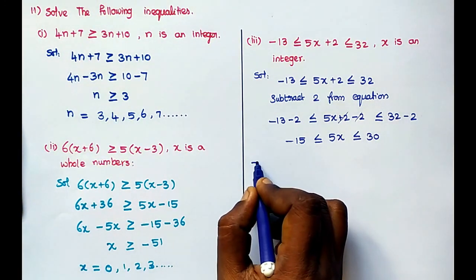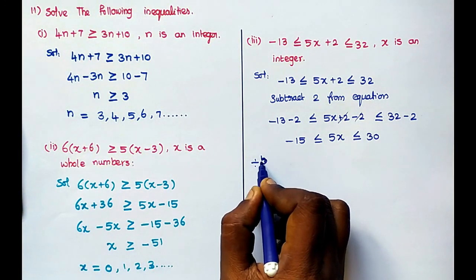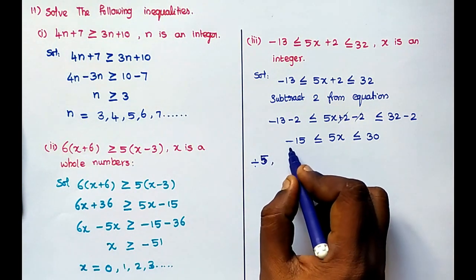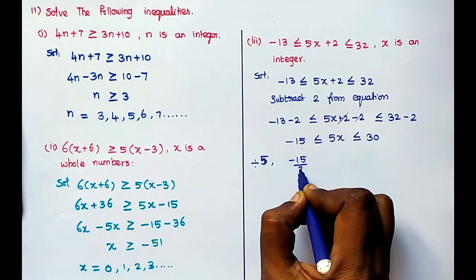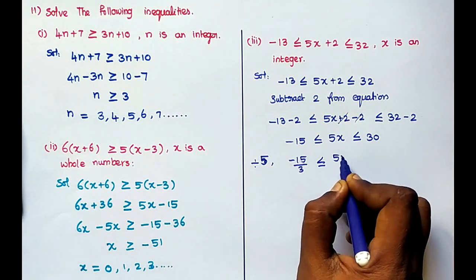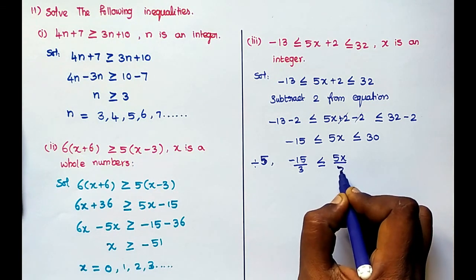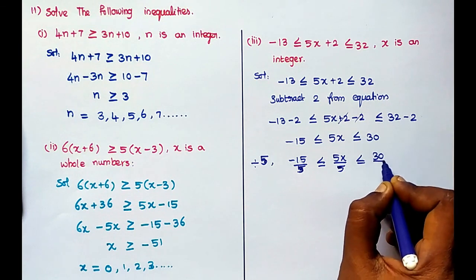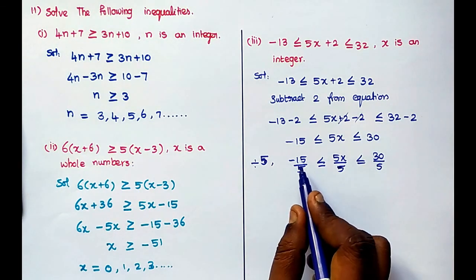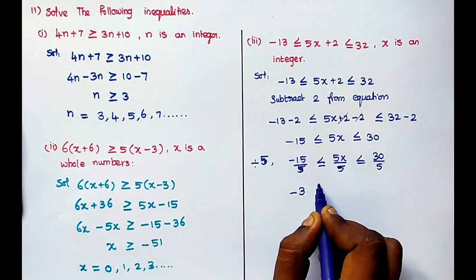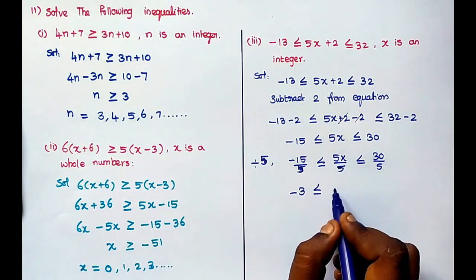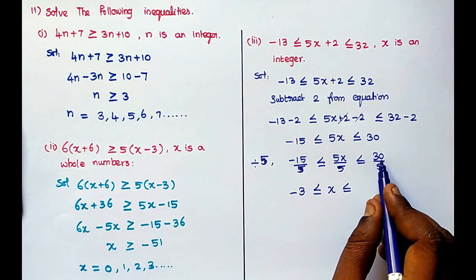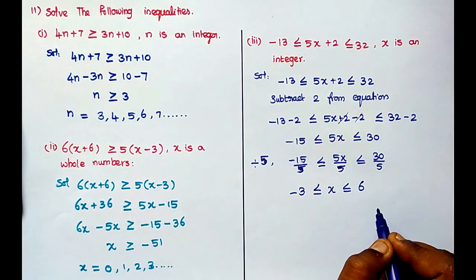Now divide by 5 throughout the equation, means minus 15 by 5 less than or equal to 5x by 5 less than or equal to 30 by 5. 15 by 5, 3, less than or equal to 5 by 5, 1, so x only there, less than or equal to 30 by 5, 6 times.